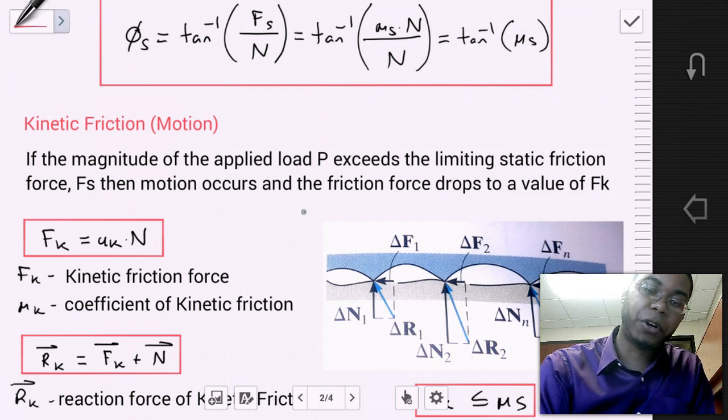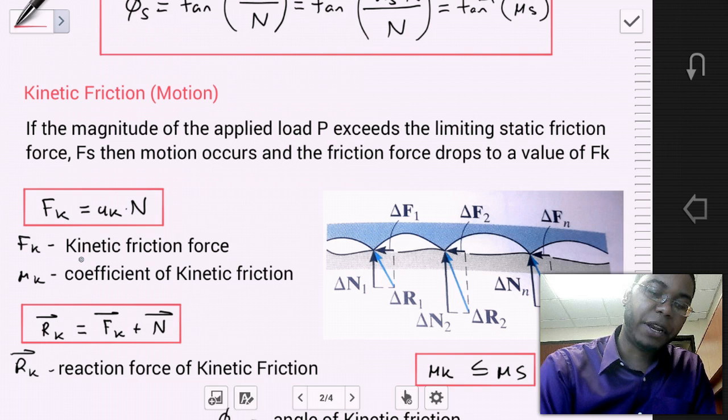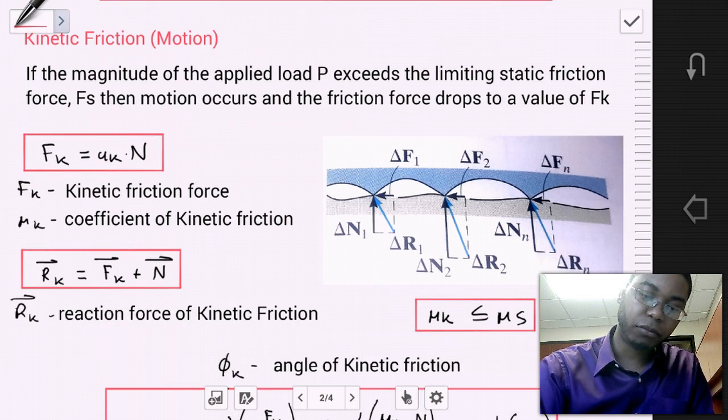When this motion occurs, the value of the frictional force drops to a value of Fk, which is called the kinetic friction force. This kinetic friction force is equal to mu k times n, where mu k is the coefficient of kinetic friction.